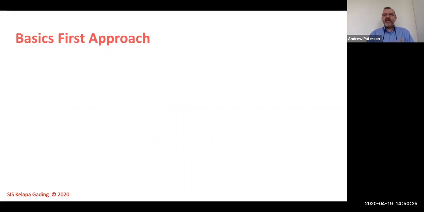And schools over decades have developed all kinds of systems, and teachers have acquired all kinds of skills to make this work effectively. Even here at SIS Kelapa, over the last 10, 15 years, we have gradually developed policies and procedures that work.